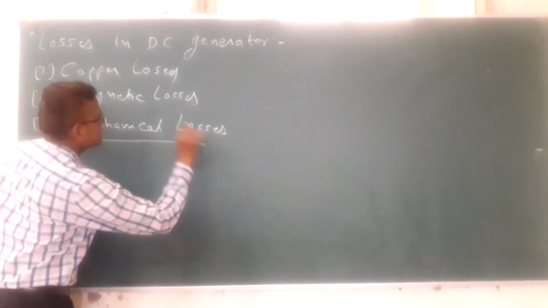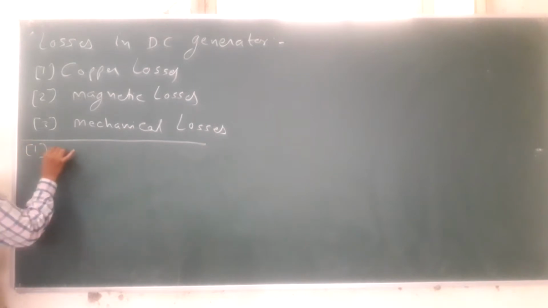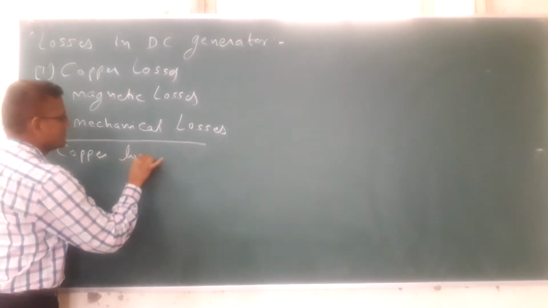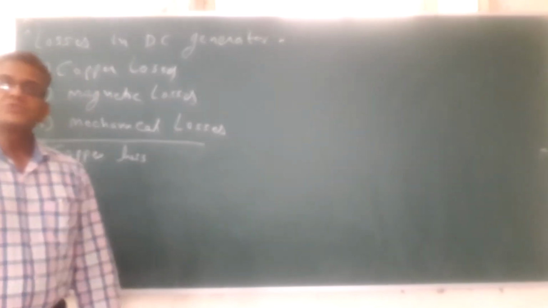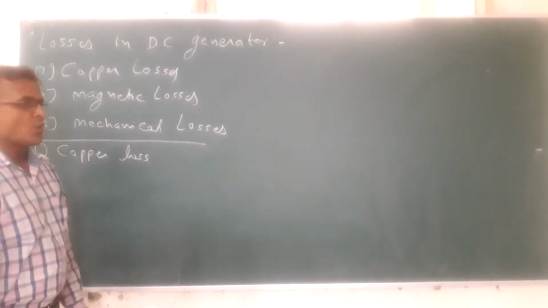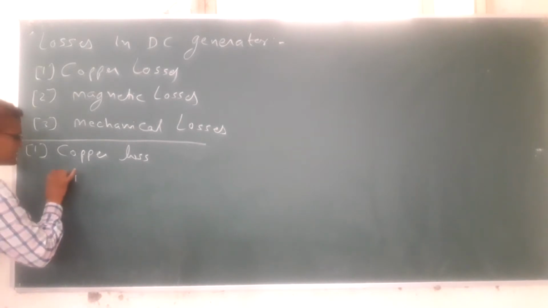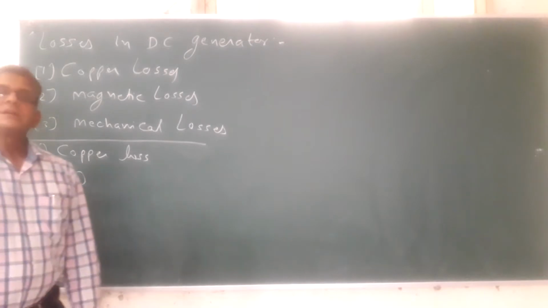So, first taking copper losses. The copper loss is also known as I square R loss, and this loss is due to flow of current in resistance of winding. First, copper loss consists of flow of current in armature winding.